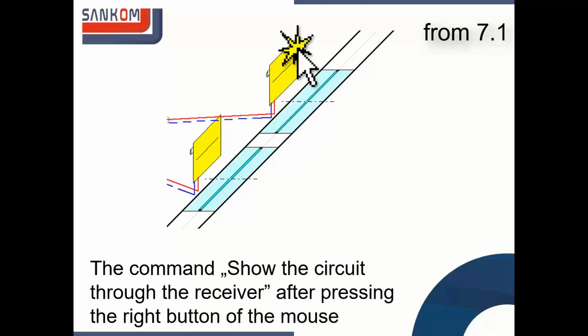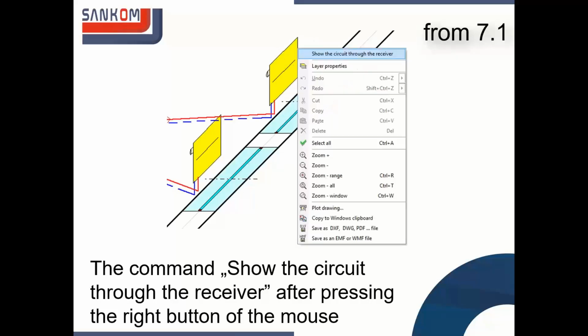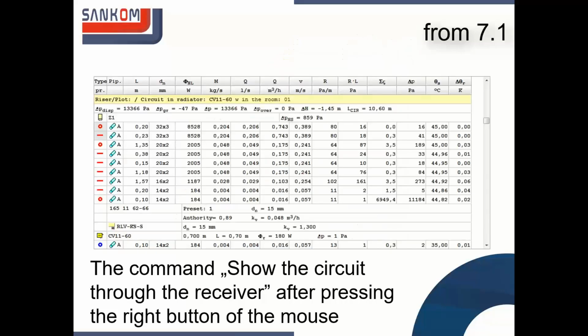You have to go to the drawing with the results, of course, and under right click, you've got this showing the circuit through the receiver, and that opens the table. This table is very long because it includes all the circuits, but it opens at a specific and appropriate place where the circuit through this receiver that you have clicked starts.